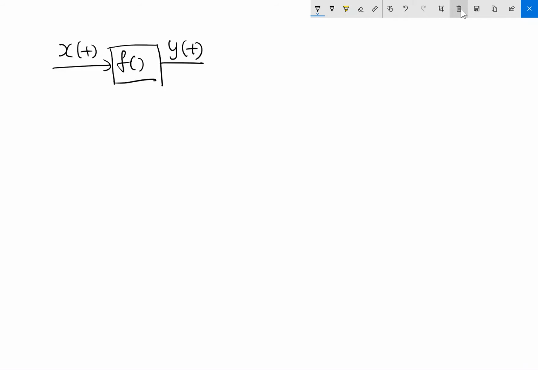This is a block diagram; a block means any kind of operation, and arrows mean the signal. Then we put y(t) into a time shift, plus tau, and we get y(t+tau). This is the first output.